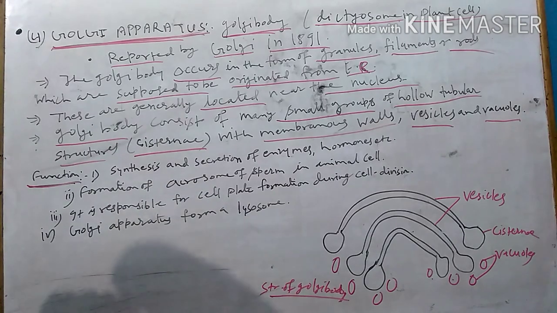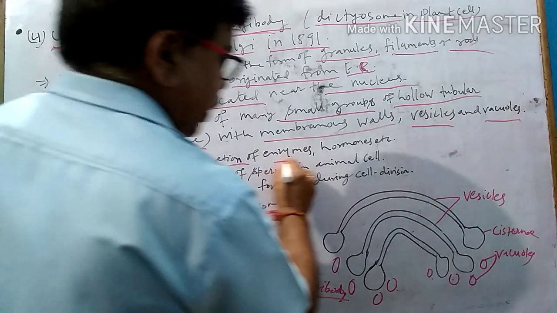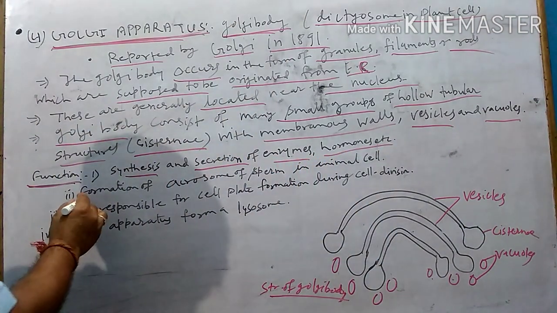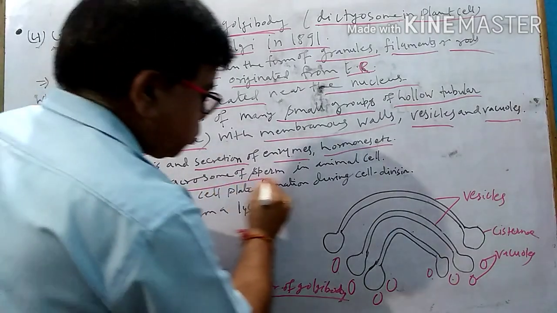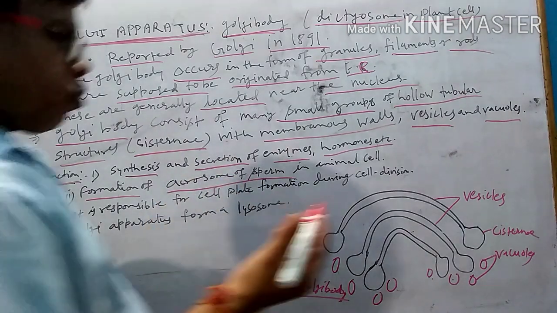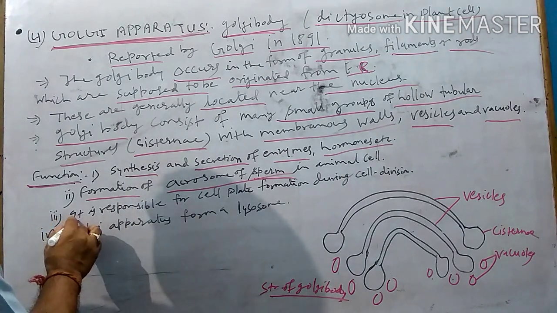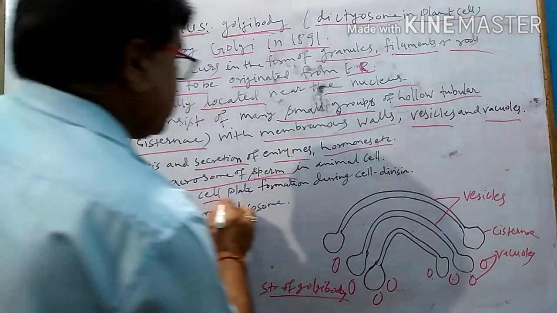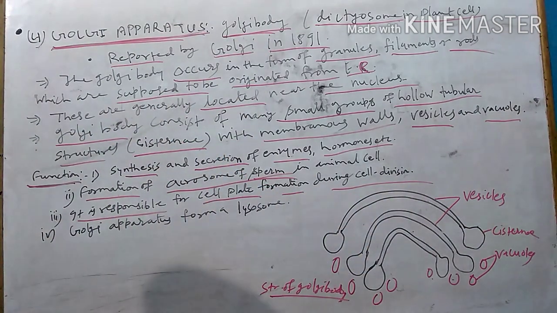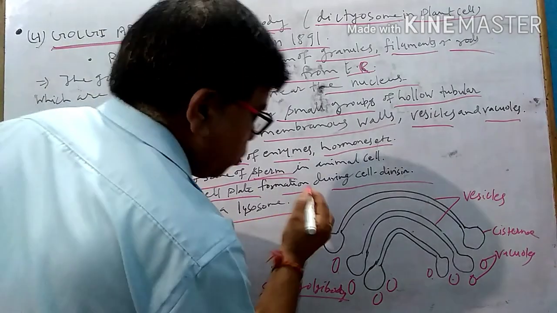Function: its main function is the synthesis and secretion of enzymes, hormones, etc. Second function, formation of the acrosome of sperms in animal cells. The acrosome is the front part of the sperm. Next function, it is responsible for cell plate formation during cell division. Next function, Golgi apparatus forms lysosomes.